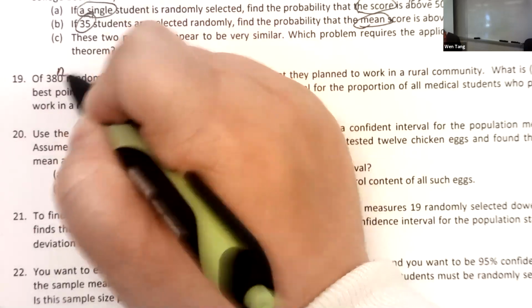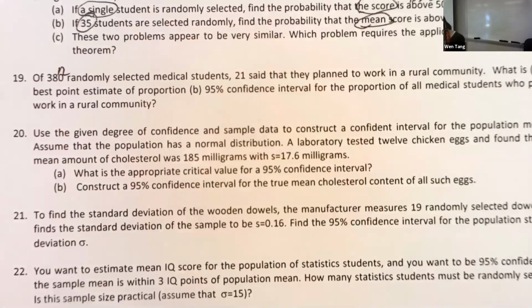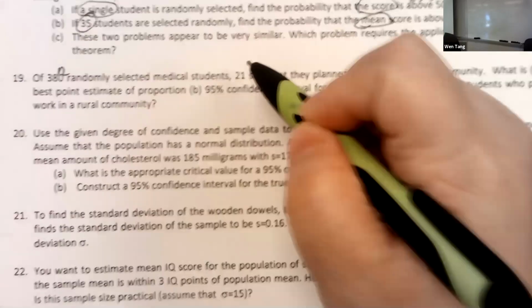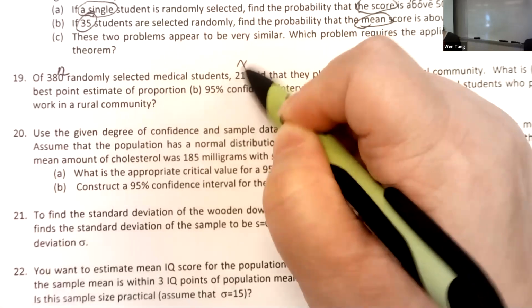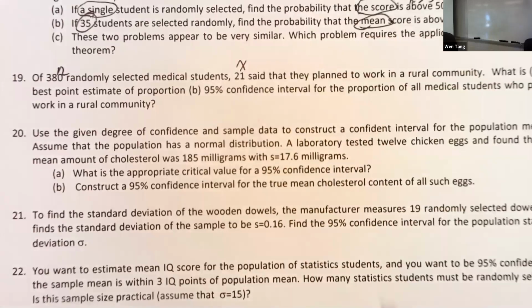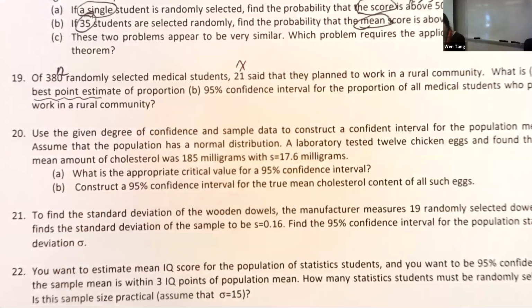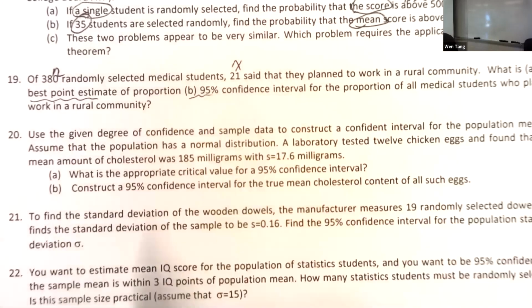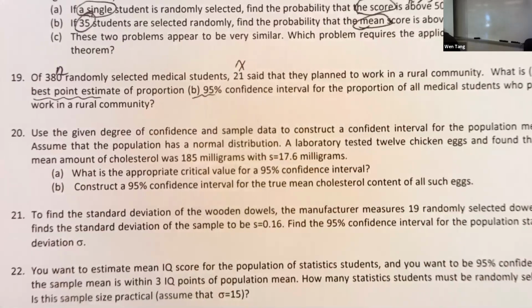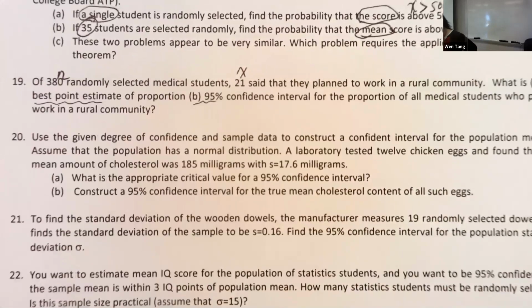This is the total number we have, that's the n value: how many students we randomly selected. And 21 responded with yes, so that's the x value we have. We still need to know the best point estimate, which is the p-hat. And in part B, we're going to find the confidence interval for the proportion.